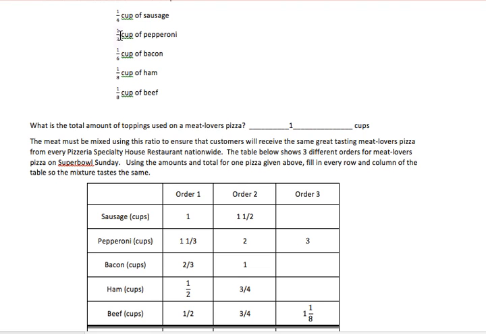So our constant is 9. 9 times 1/4, 9/4, would give you 2 1/4 for the sausage. 9 times 1/6 would be 9/6, which is 1 1/2 simplified, for the bacon. And 9 times 1/8 would be 9/8, which simplifies to 1 1/8.